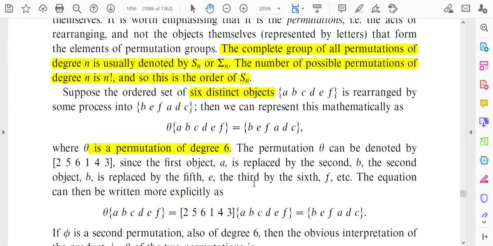The third is replaced by the sixth, that means C has been replaced by F, which was in the 6th position, so we write 6, and so on. So theta can be represented as 2, 5, 6, 1, 4, 3.